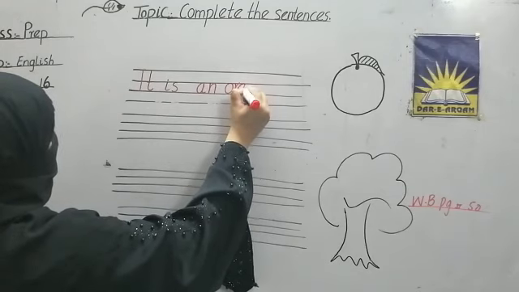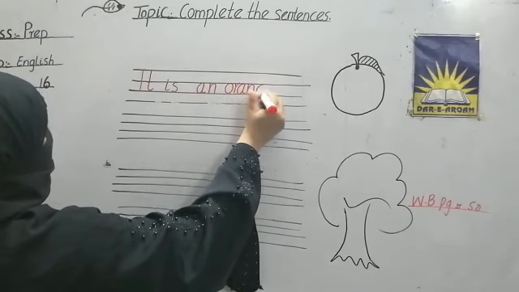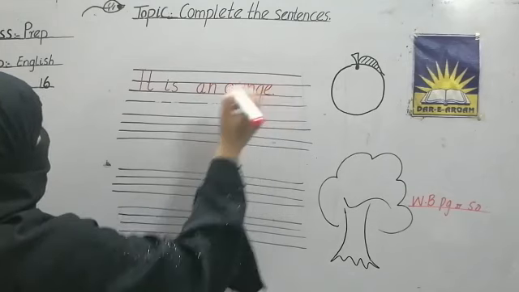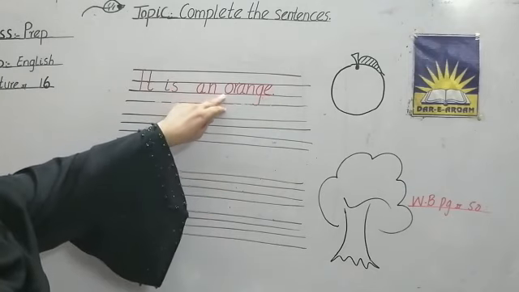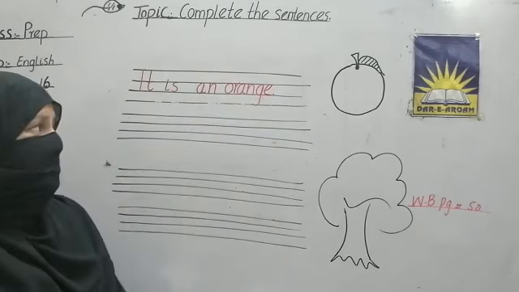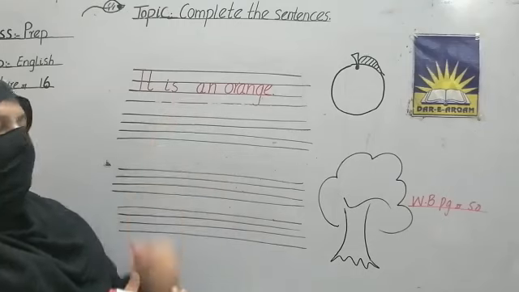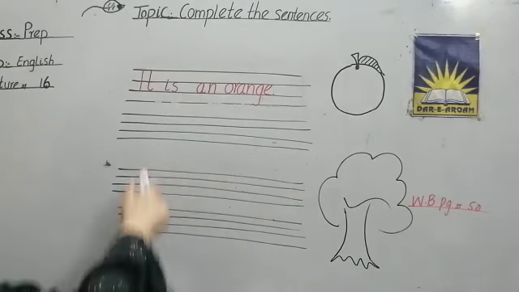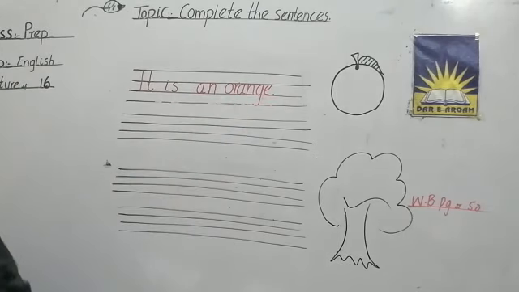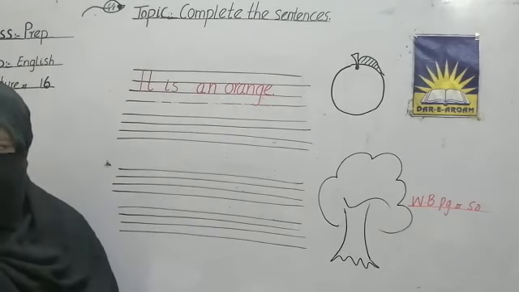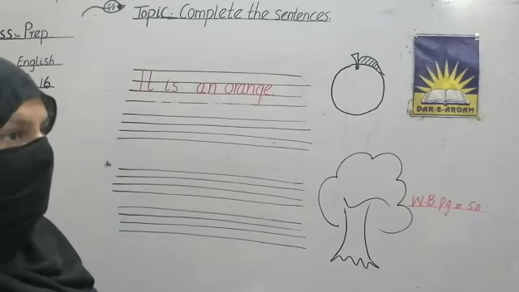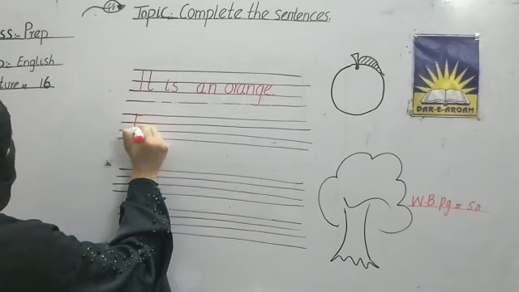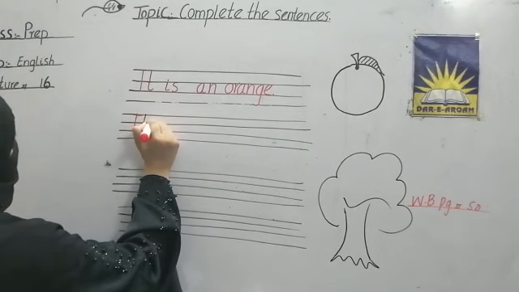An. Because the word orange starts with letter O, and O is a vowel letter, so we write an orange. It is an orange, and its color is, yes, orange. Orange is a fruit and a color.